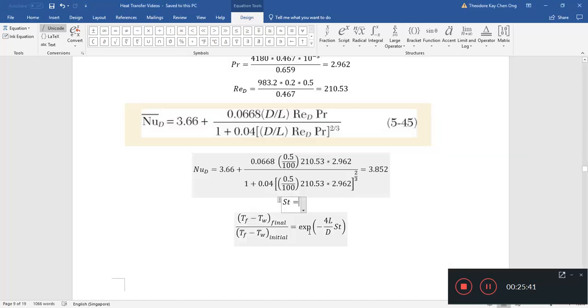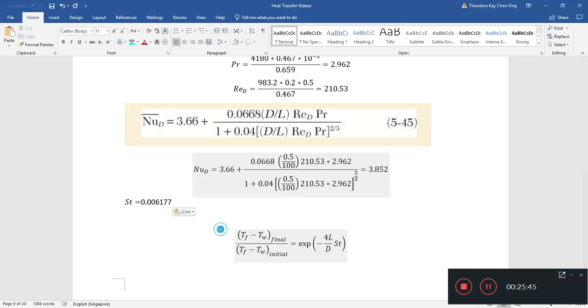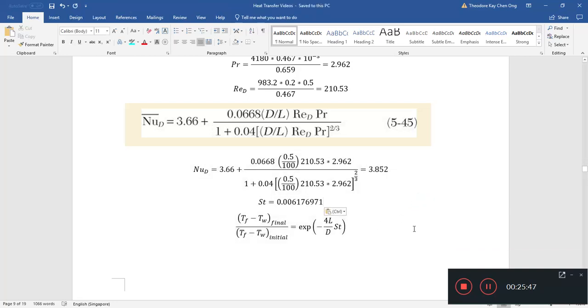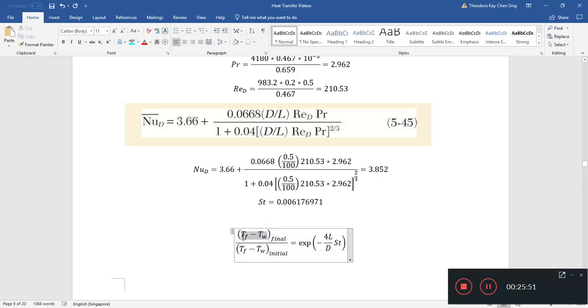So copy and paste it here, text only. So the final temperature, let's just substitute it. So iteration 1, this will go here.